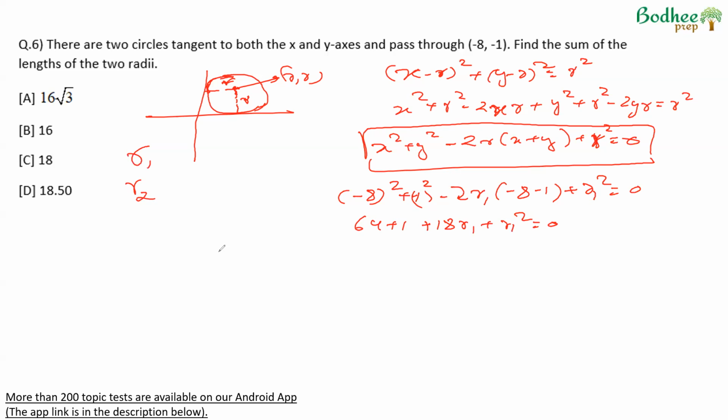And therefore r1 square plus 18 r1 plus 65 is equal to 0.